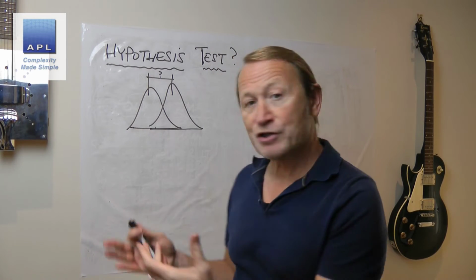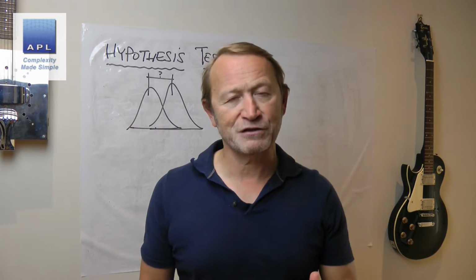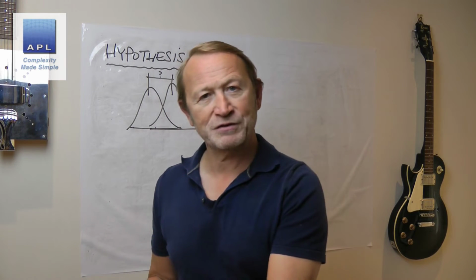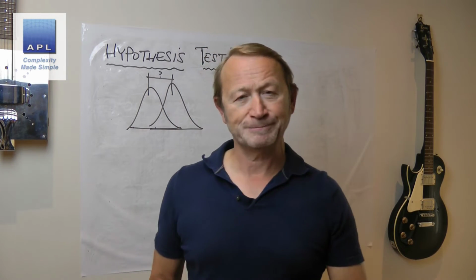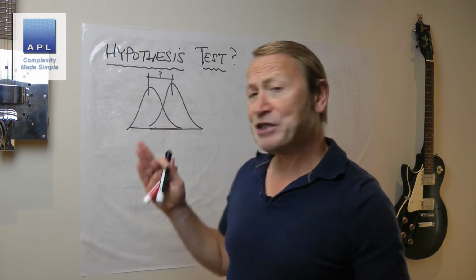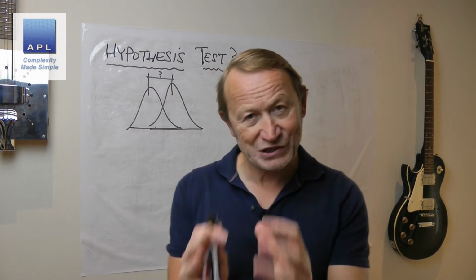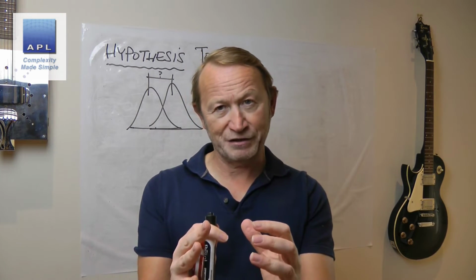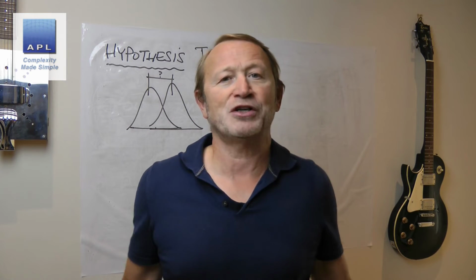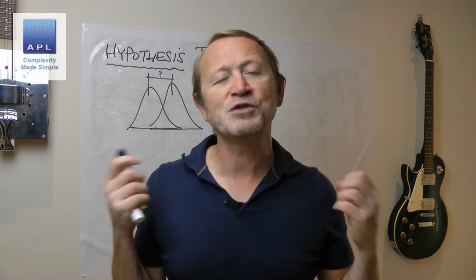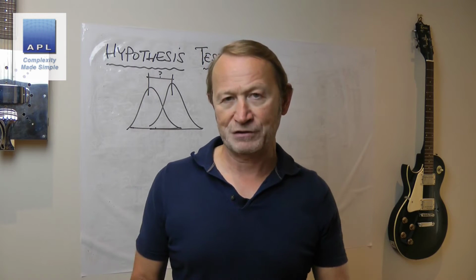If I took a third group, I'd see a different number again. Then a fourth group, a different number again. So even when your process is stable and you're not changing anything, every time you take a sample, you'll always see some kind of new result. It'll always be slightly different.